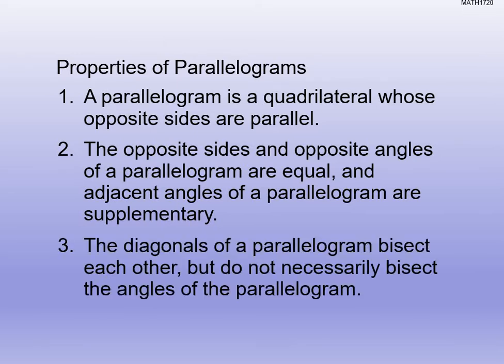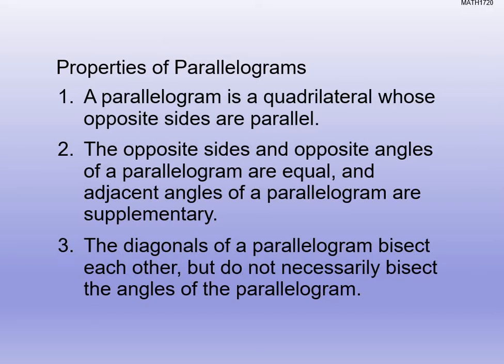And the diagonals of the parallelogram bisect each other, but don't necessarily bisect the angles of the parallelogram. That's an important one because everybody seems to think that the angle perfectly bisects there. That would be the diagonal of a square, not a parallelogram.